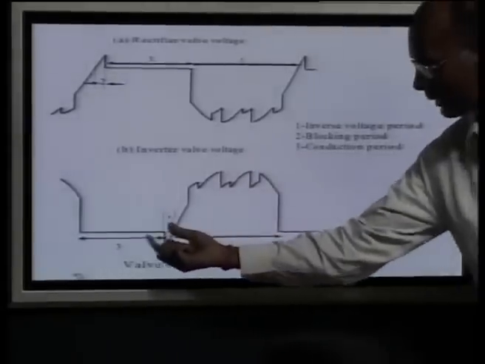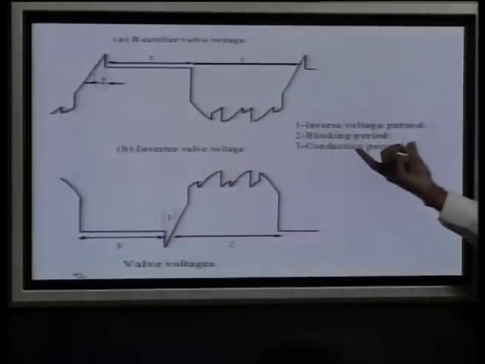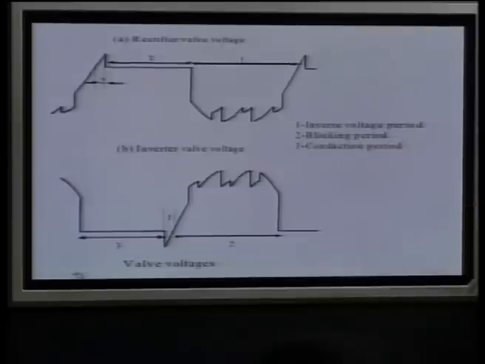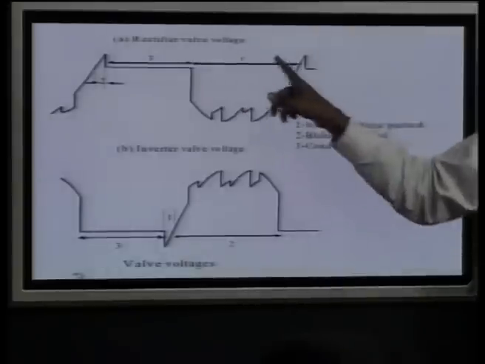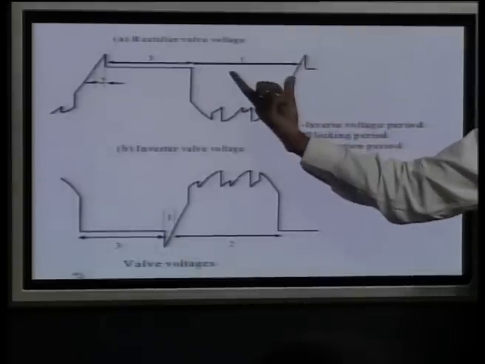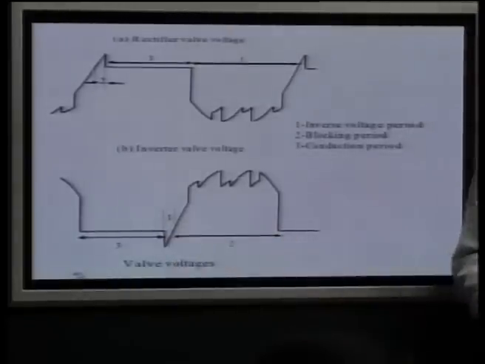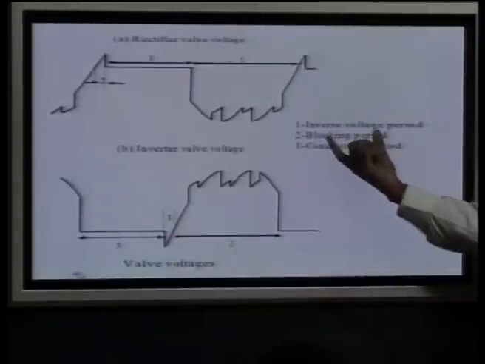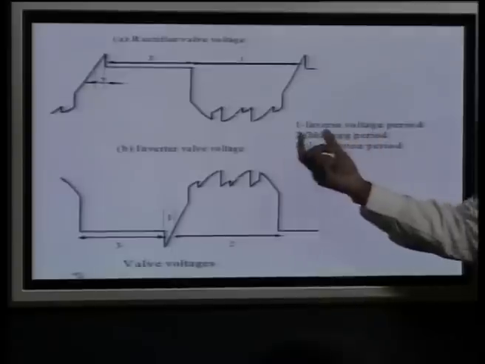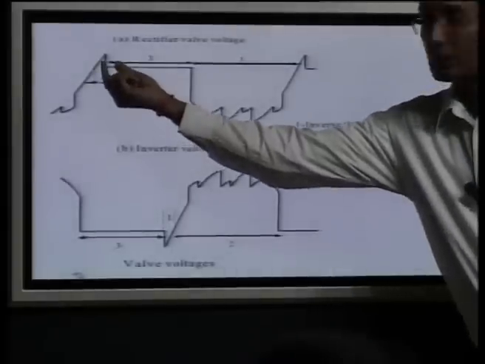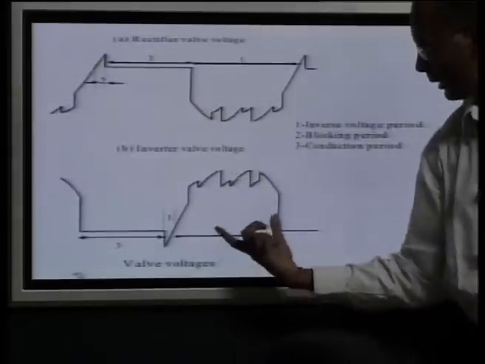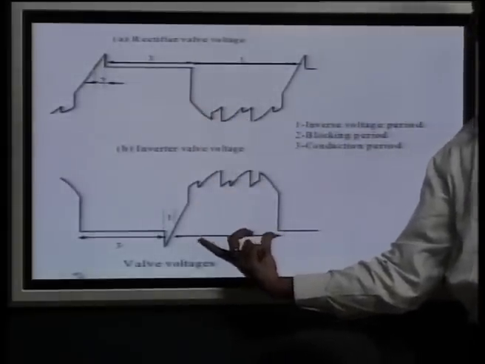Here the third is called the conduction period, when the voltage across the valve is 0. The inverse voltage period is a longer period in the rectifier. However, the negative voltage period is very small in the inverter. And your blocking period is basically where the voltage is positive and we are trying to block; here you can see it is most of the time.